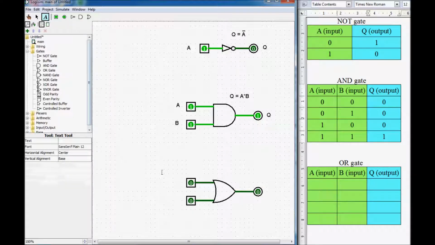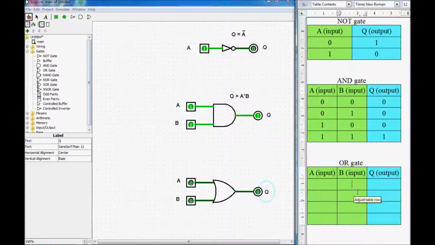And now we will label these inputs: input A, input B, and output Q. Okay, and now I will do the same as what I did before. First, I will fill out the input columns. Here will be 0, 1, 0, 1, and here will be 0, 0, 1, 1.